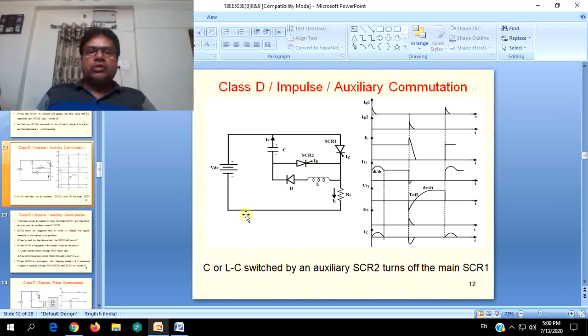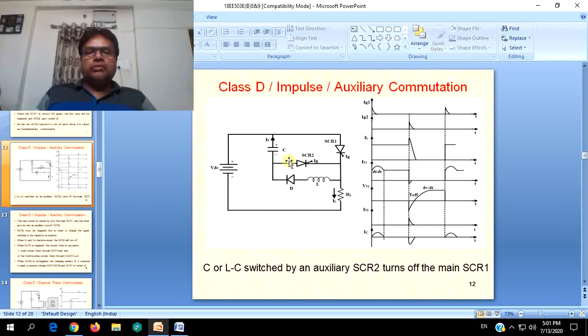Because of this, the load current flows via the source, capacitor, auxiliary SCR and the load RL and back to the source. SCR1 or main SCR is off, and also this diode is off, so in this path no current will be flowing, only through the source, capacitor, auxiliary SCR and the load.